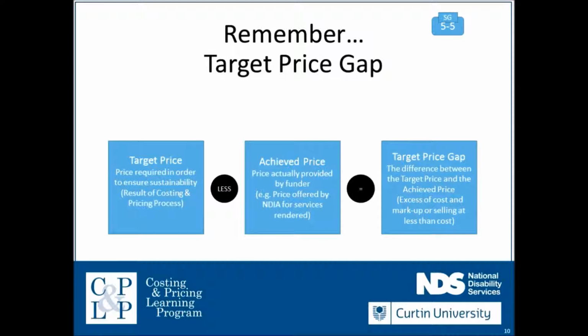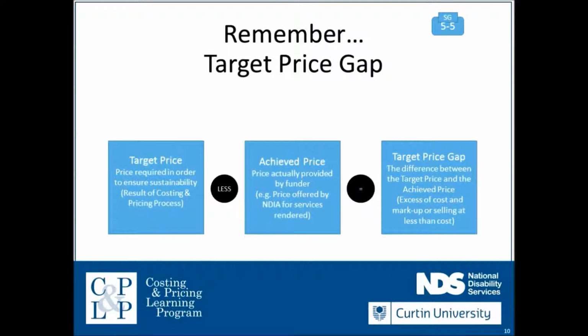That is the target price, the price that we would like to be able to achieve in order to ensure our financial sustainability, and that price is actually the result of the costing and pricing process as compared to, or taken away from, the achieved price, which is the price that's actually provided by the funder themselves. So for instance, it might be the price offered by the NDIA for services rendered, which will give us the target price gap.